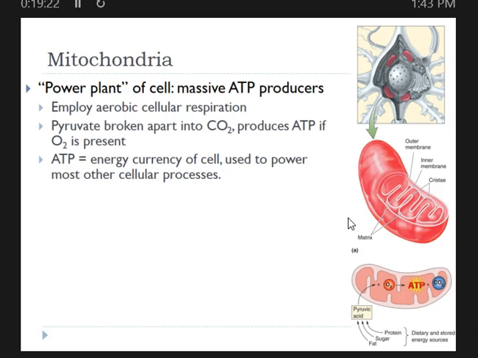The way it works, in a very, very concise nutshell, is that cells employ what's called aerobic cellular respiration, where we start with glucose molecules. Glucose molecules, through a process called glycolysis, are turned into pyruvate. And then pyruvate, basically a carbon-based molecule, will be broken apart into carbon dioxide.